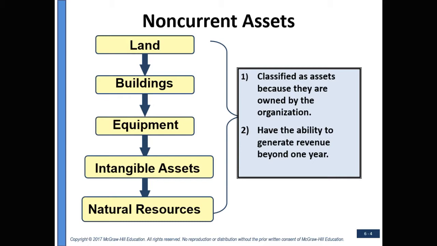But as you notice here with the word intangible, it does not mean they have to have physical substance themselves. They include land, buildings, equipment, a variety of intangible assets, natural resources. We'll look a little bit at some of these as we move forward.